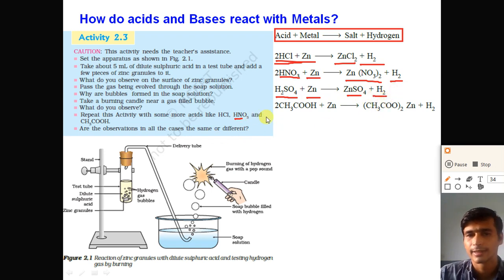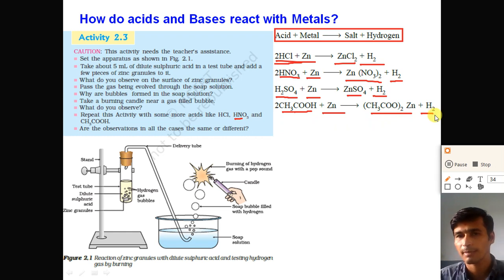Similarly, acetic acid, CH3COOH, reacts with Zn and produces (CH3COO)2Zn plus hydrogen gas. So you have to remember this: all the acids react with the metal, producing a salt and hydrogen gas.